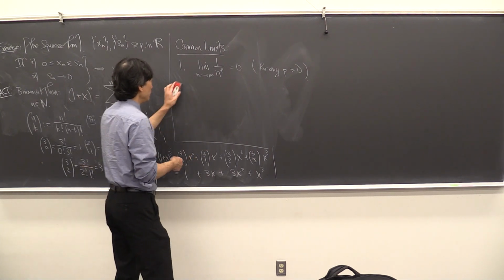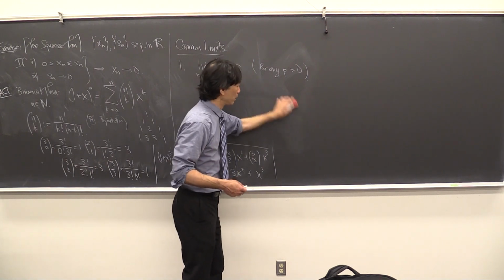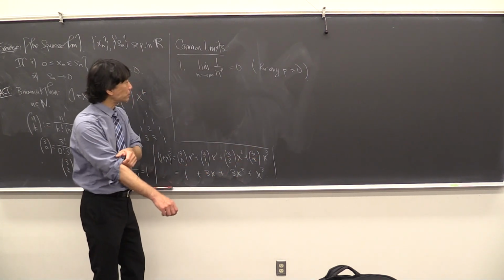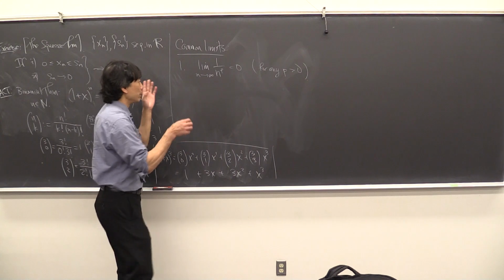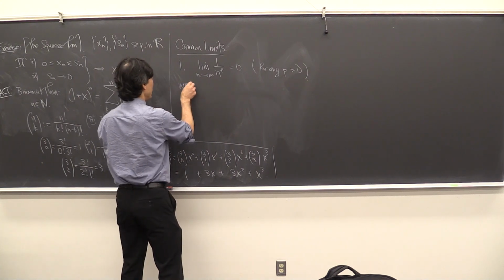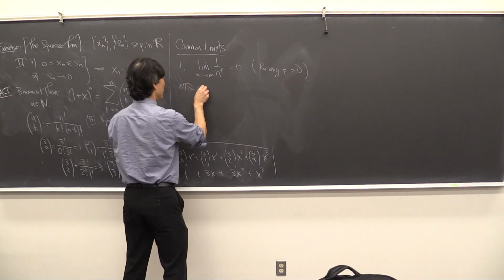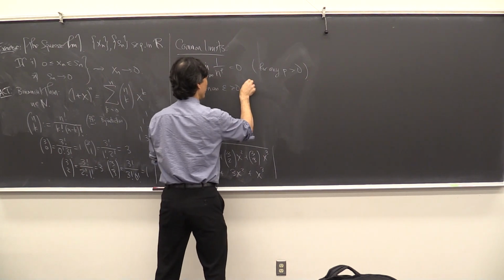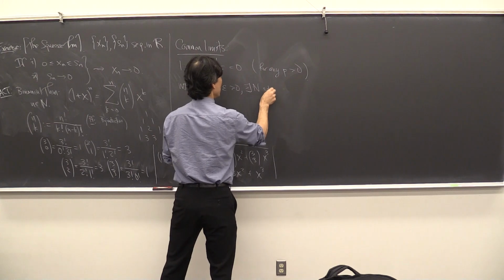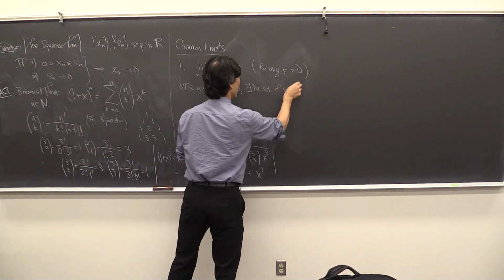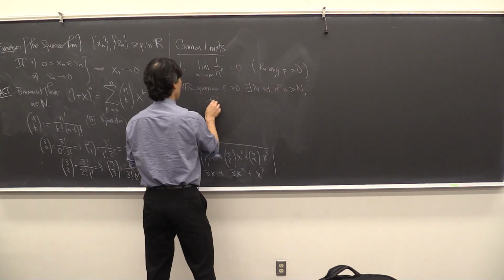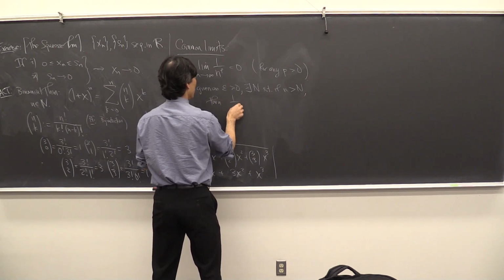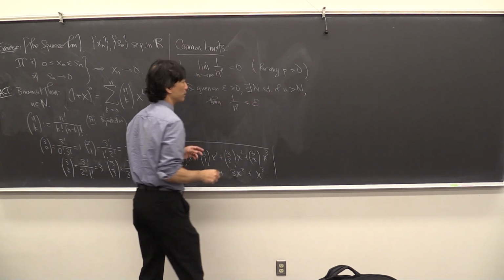Okay. So what do we want to show? We want to show that, given an epsilon greater than 0, we can find an n such that whenever you're past it, then 1 over n to the p is smaller than epsilon.